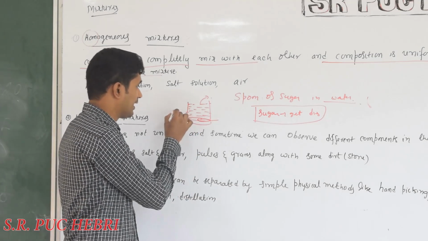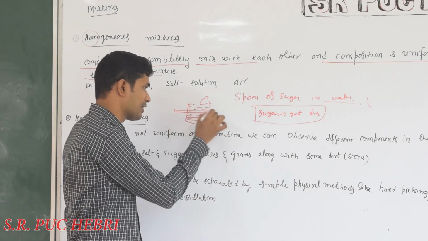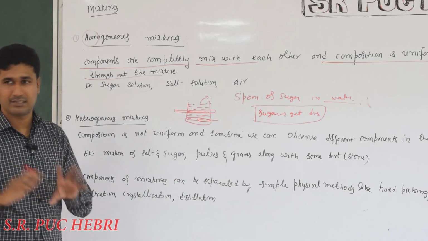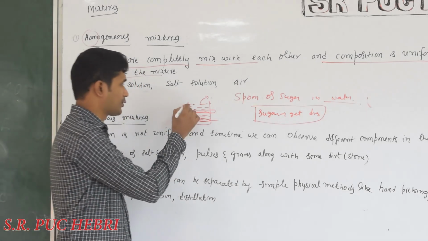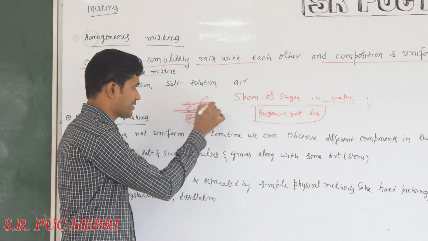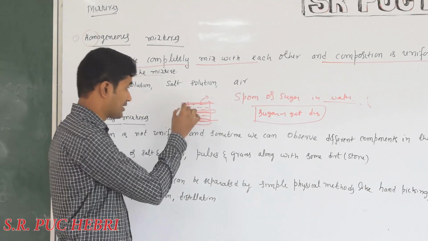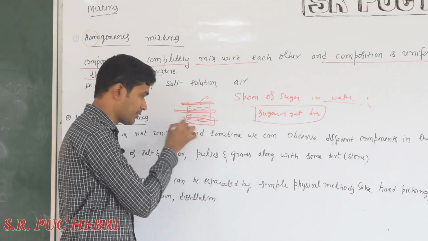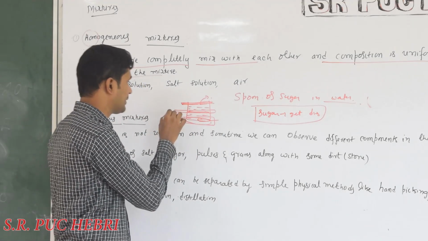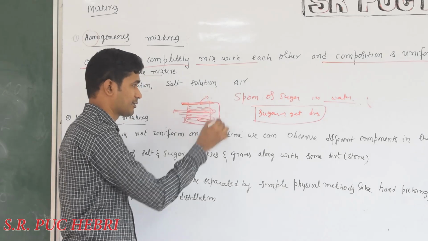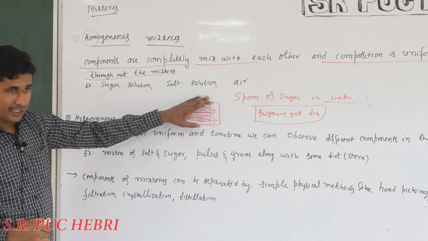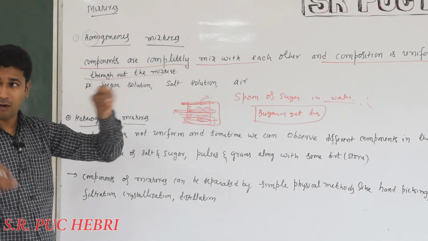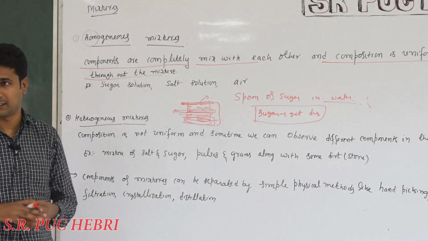Now you take a little solution from the middle of the glass and taste it. The taste is the same. The taste of the solution at the surface, at the bottom of the container, and in the middle is the same. That means the sugar is uniformly distributed and has uniform composition throughout the solution.